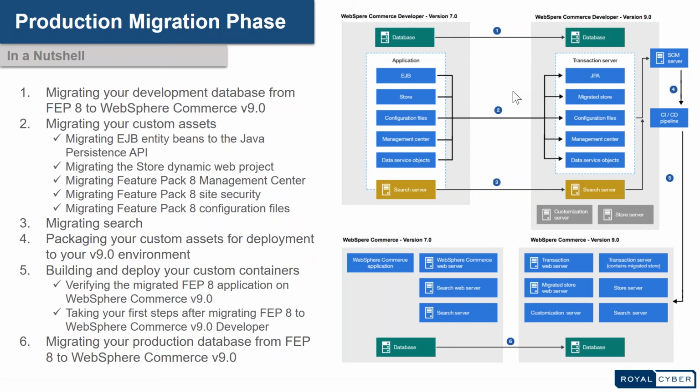If I put everything all together, this is how your whole transition or migration would look. You'll be migrating your database, and migrating your version 7 to feature pack 8 to make use of the scripts that IBM has made available.